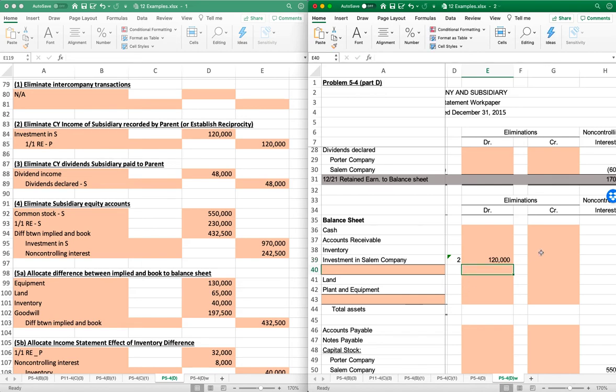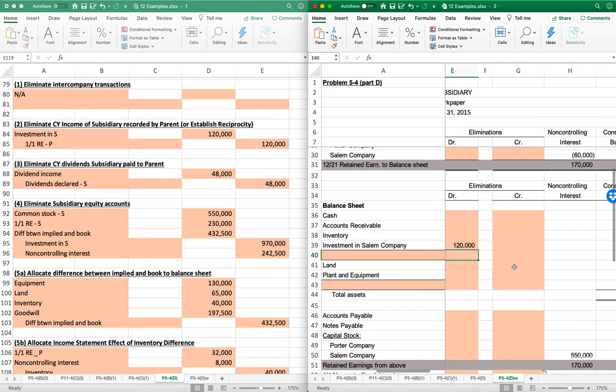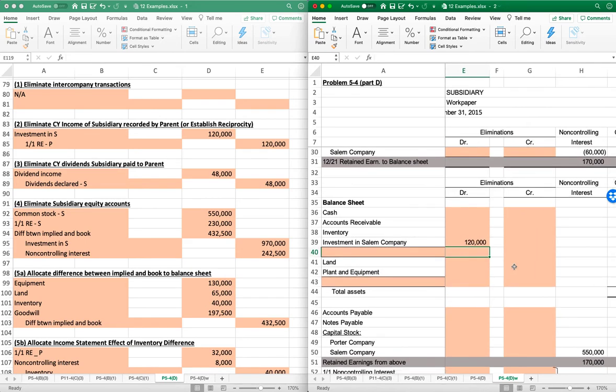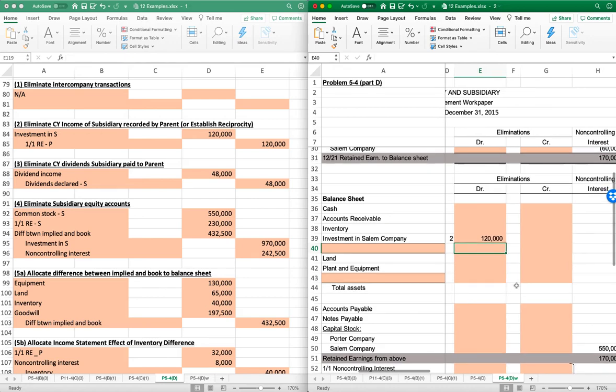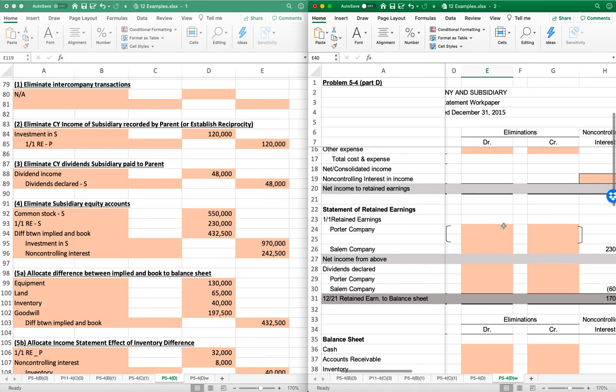You'll see that once I do that, that's going to trigger all of our formulas to come online and start calculating our consolidated totals so you can kind of watch it in real time. Then we have a credit to 1/1 retained earnings of our parent for $120,000.